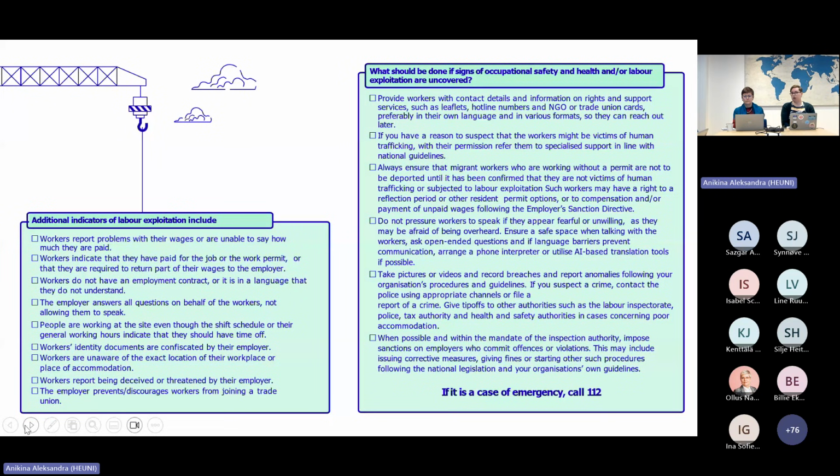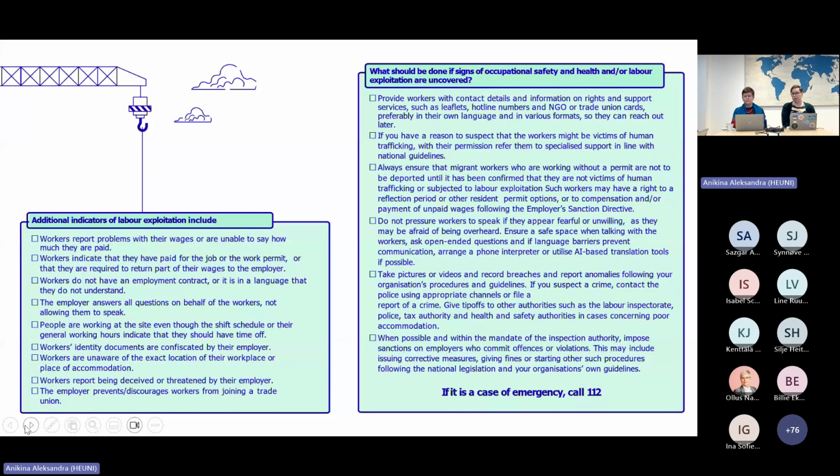Sometimes it takes trust for them to disclose their experiences, so they need information so that they can make informed decisions. And then one key point is obviously that if there would be indicators of human trafficking, then with the permission of the workers, they should be referred to specialized support. And that also includes issues like reflection periods, for example, that potential victims of trafficking are entitled to.